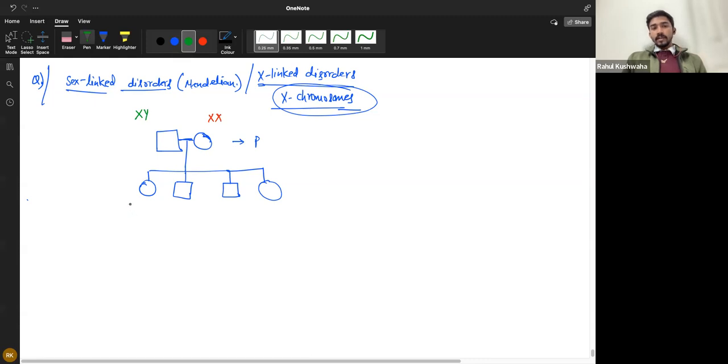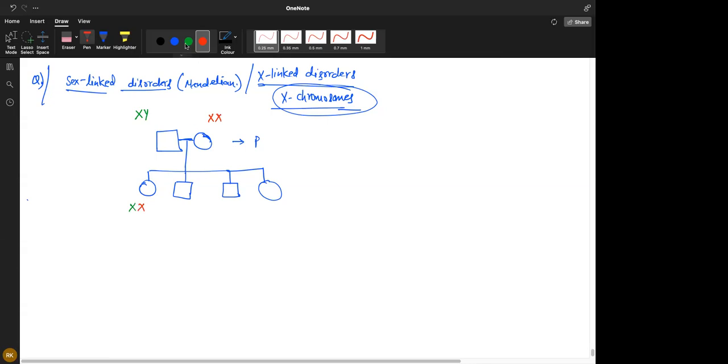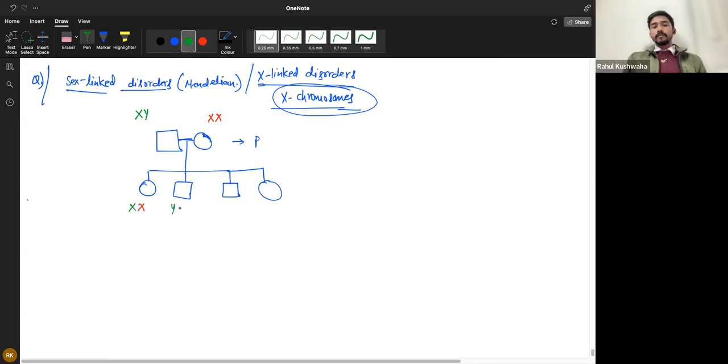XX, but one X will come from the father and the other X from the mother, correct? For the boys, the Y comes from the father and the X still comes from the mother. Same will be here, correct? I'm just color coding it so that you know it's from different parents. So this will be the genotype of the sex chromosomes. This is the father and this is the mother.